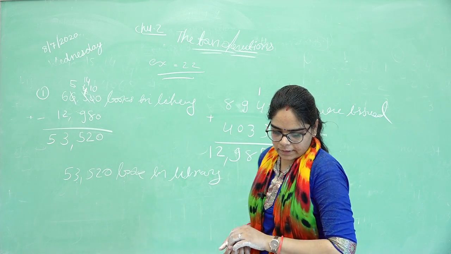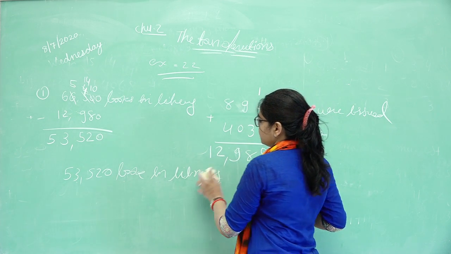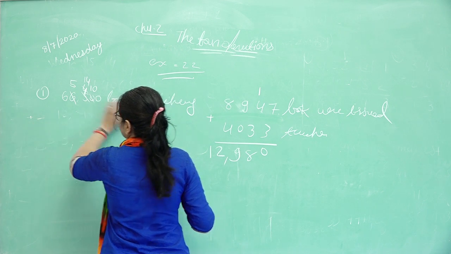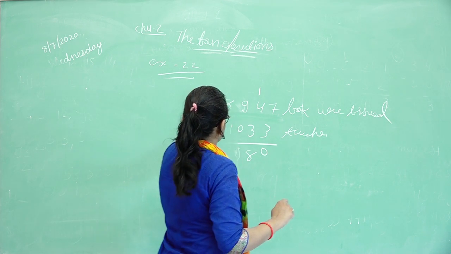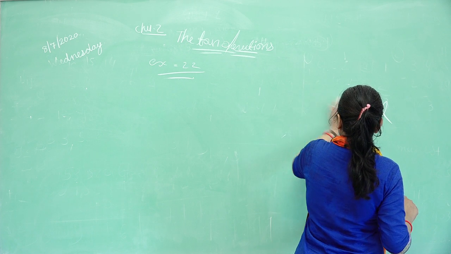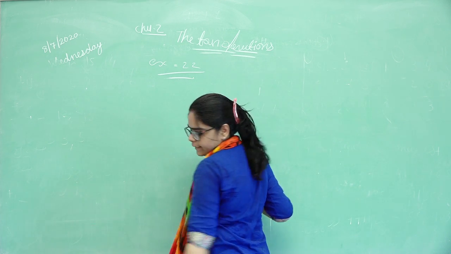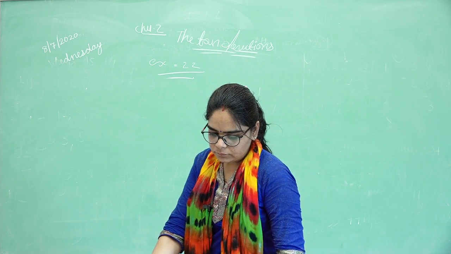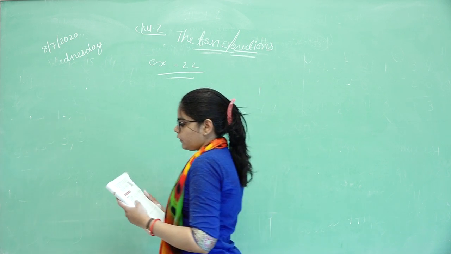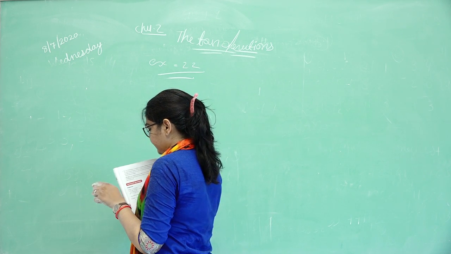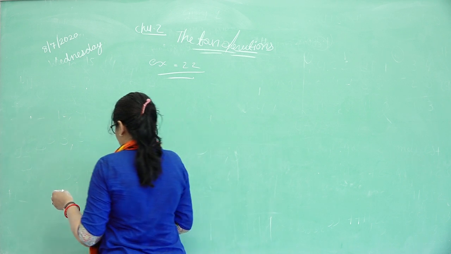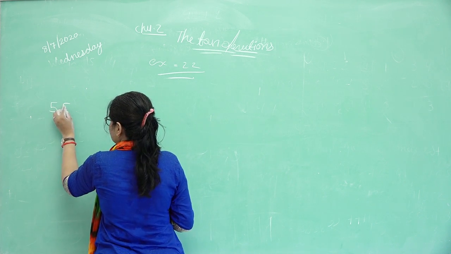Okay, so let us go with our second example. Our second example is there are 55,299 honeybees in beehive. Okay, how many totals are there?